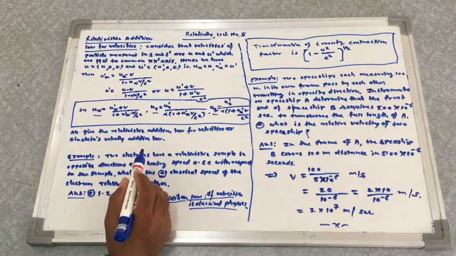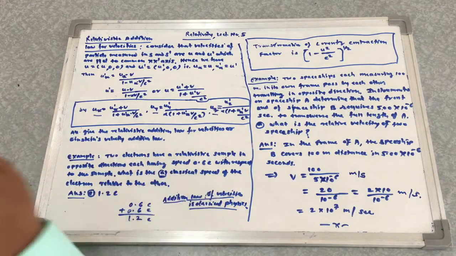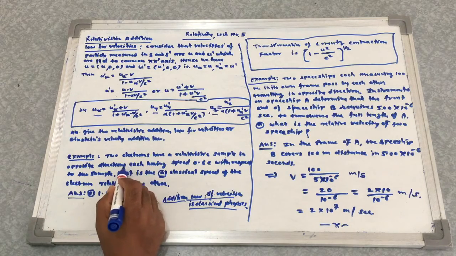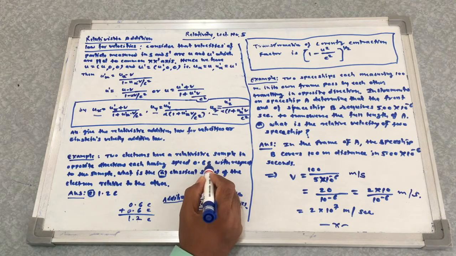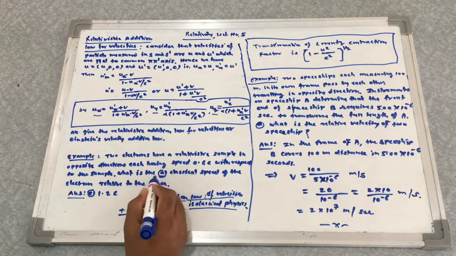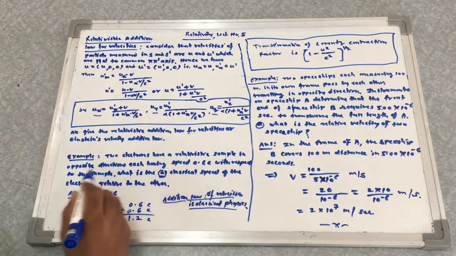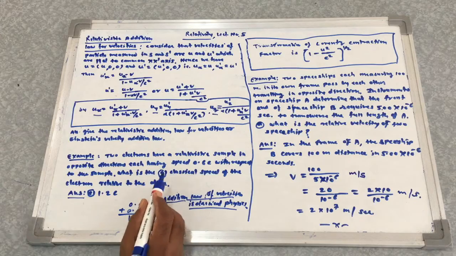Now the example. Two electrons move in opposite directions, each having speed 0.6 c with respect to the sample. What is the classical speed of the electron relative to the other? We just have to add.